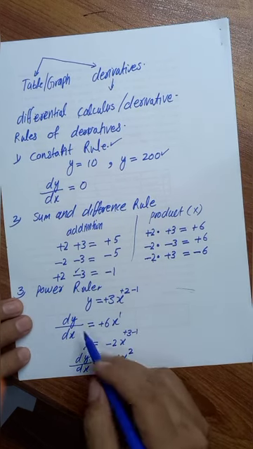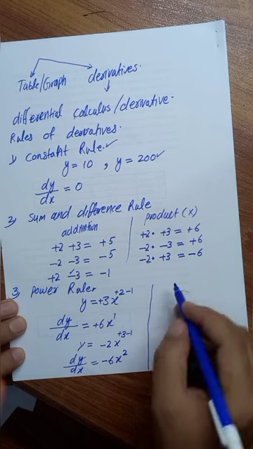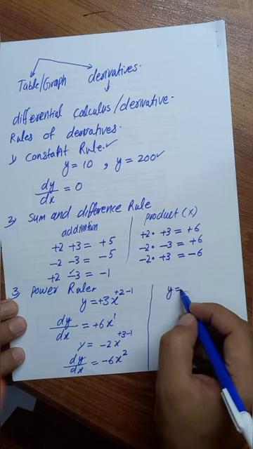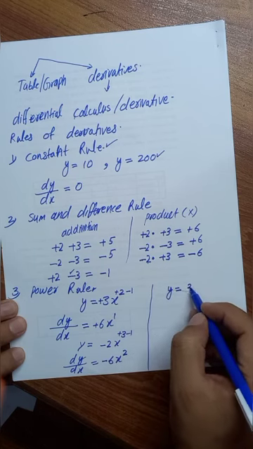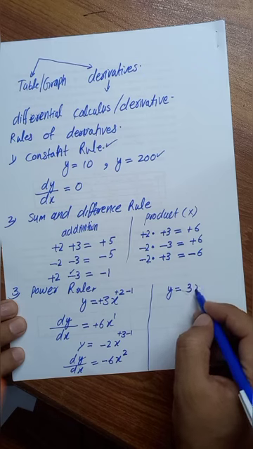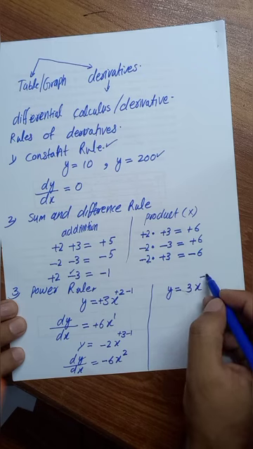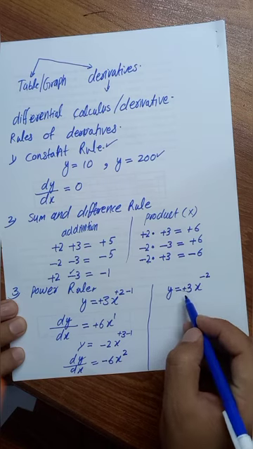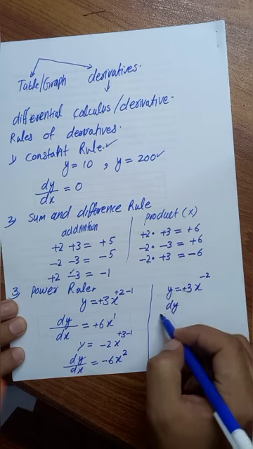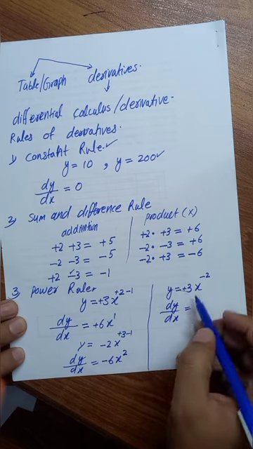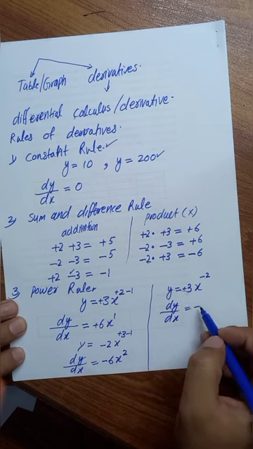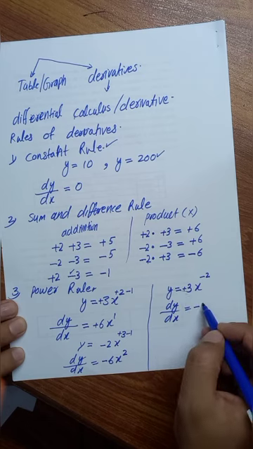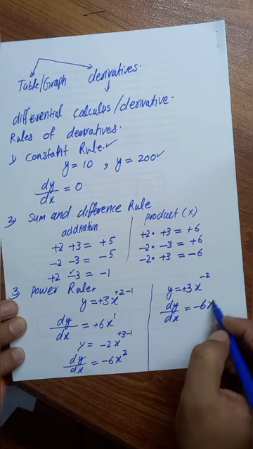One another example about the power rule. Let's say y is equal to 3x power minus 2. Here again we have opposite signs, and we are multiplying these. This becomes minus 2 multiply 3, 6, and x.